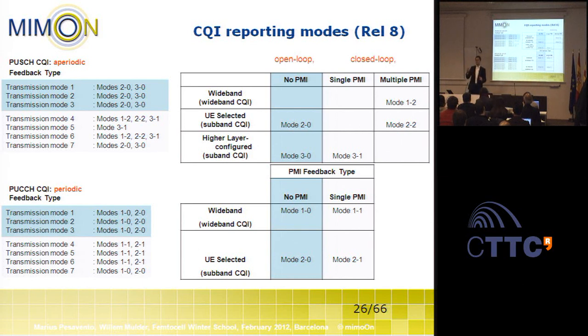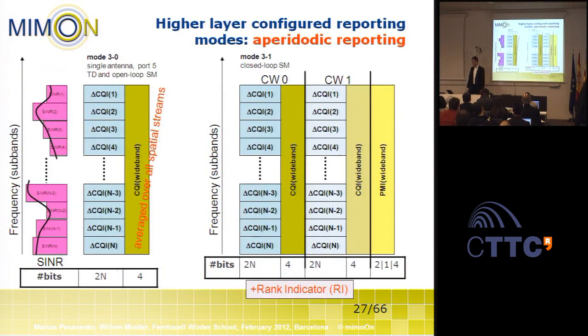Only the channel strength is signaled back. But there are also closed loop schemes, and in closed loop schemes, along with the modulation and code rate that is supported, we have precoding matrices signaled back. So let me show you some of these reporting modes.